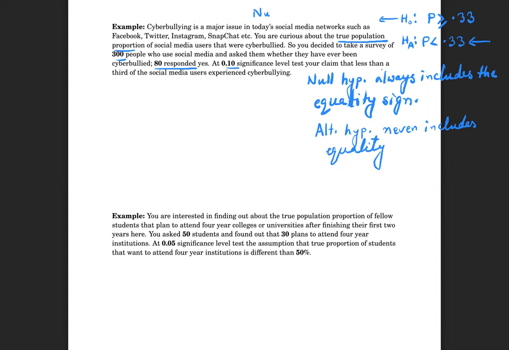Null hypothesis always includes equality, but the alternative hypothesis never includes equality.